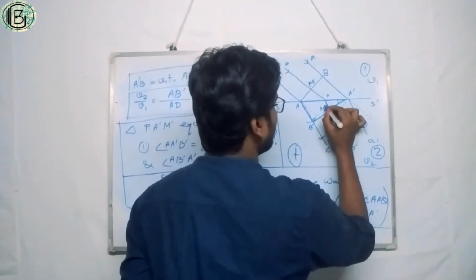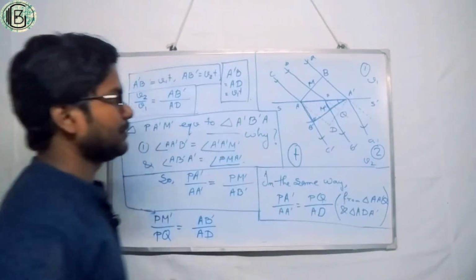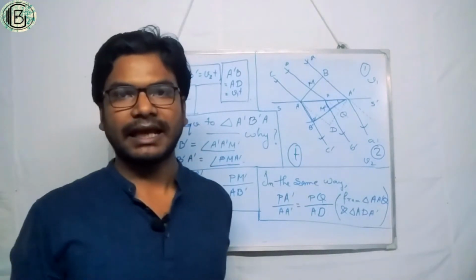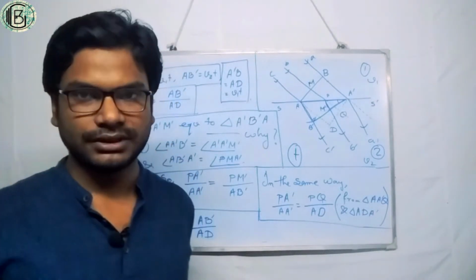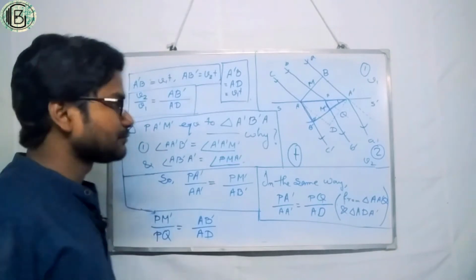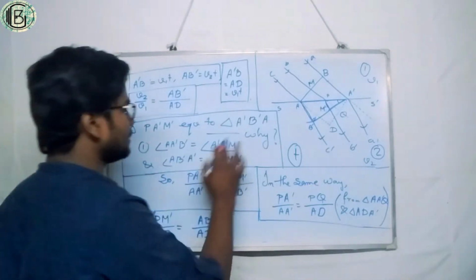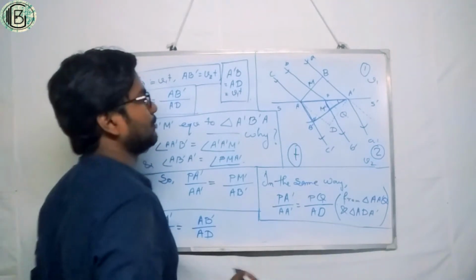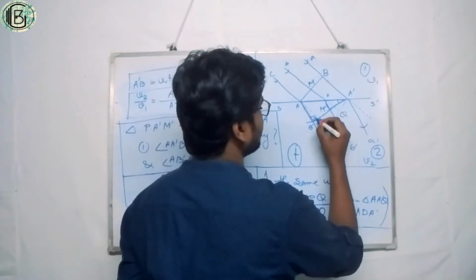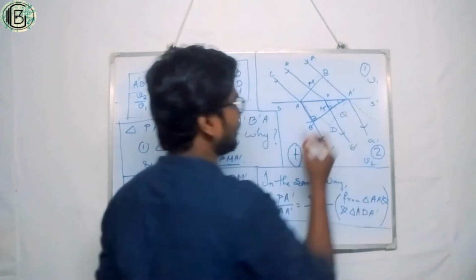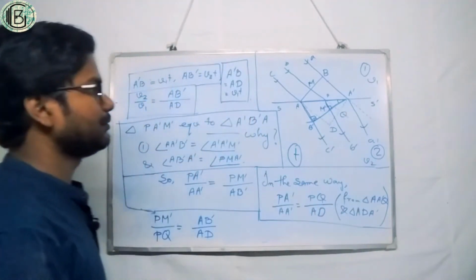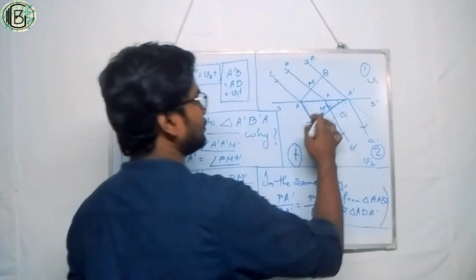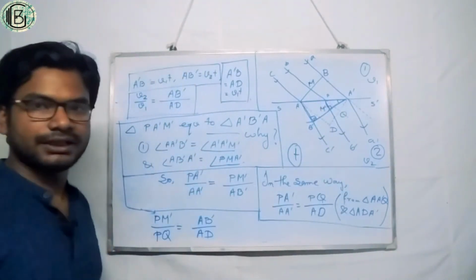Basically, these two angles are actually equal, that means the same angle, only the naming is different. So these two angles are equal. Again, angle A, B prime, A prime equal to P, M, A prime, so these two angles are equal, because these are actually 90 degree.